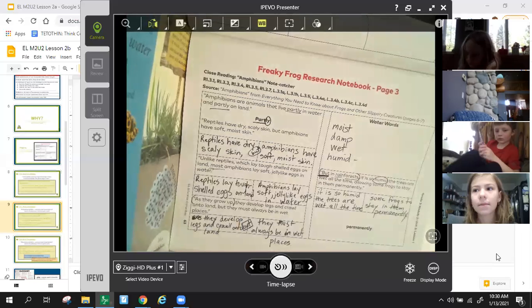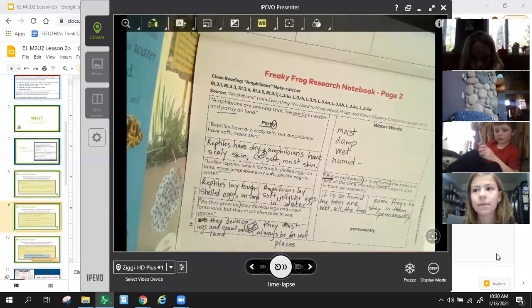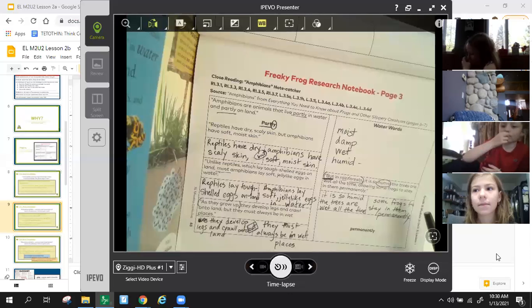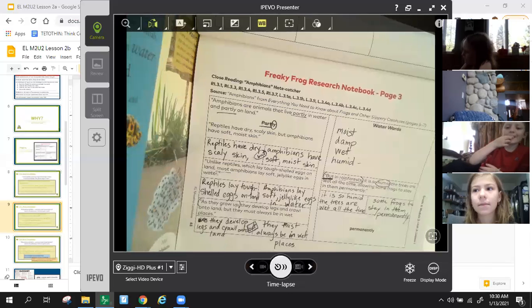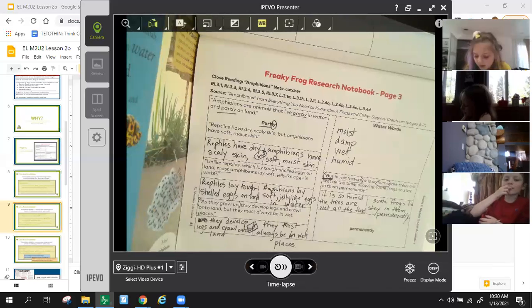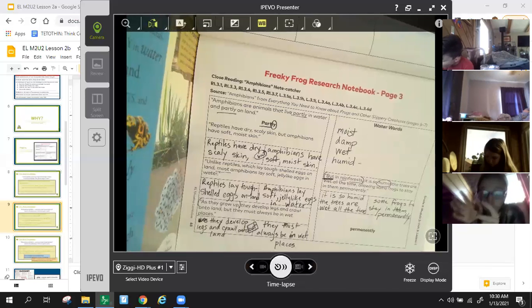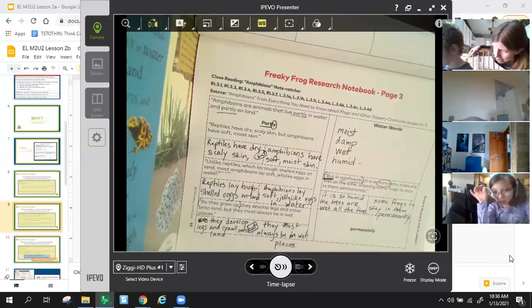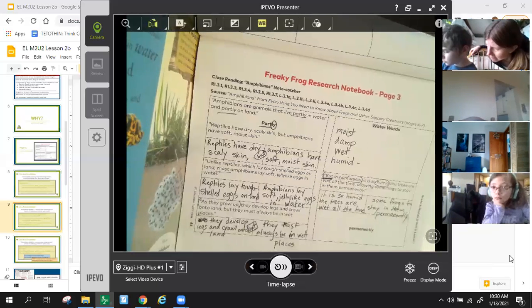So let's look at that word them. It allows for some frogs to stay in them permanently. What is them standing for? What are the frogs staying in? The humid trees. The trees, right? Miss Elena, you think that's right? It stands for trees, right?